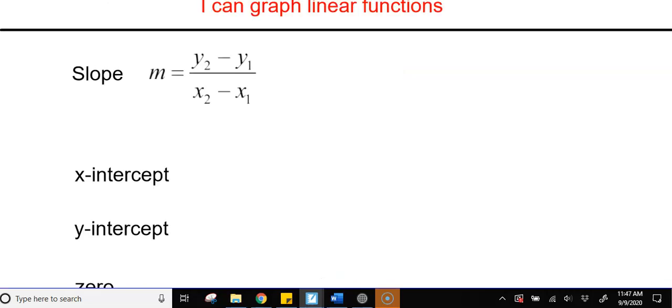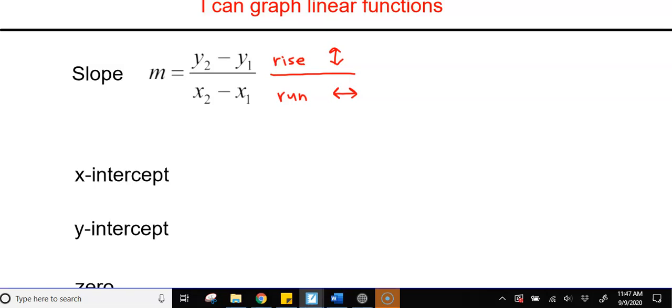Okay, slope. This stuff should be familiar to you, but once again, it's day one. We're just going to go through and make sure that we're all comfortable with this. If you are looking to find a slope, you can always compute the rise over run. You've probably heard that a lot. If you have ordered pairs, y2 minus y1 over x2 minus x1. So I always remind myself that this is the rise, or the up and down, over the run, or the side to side.